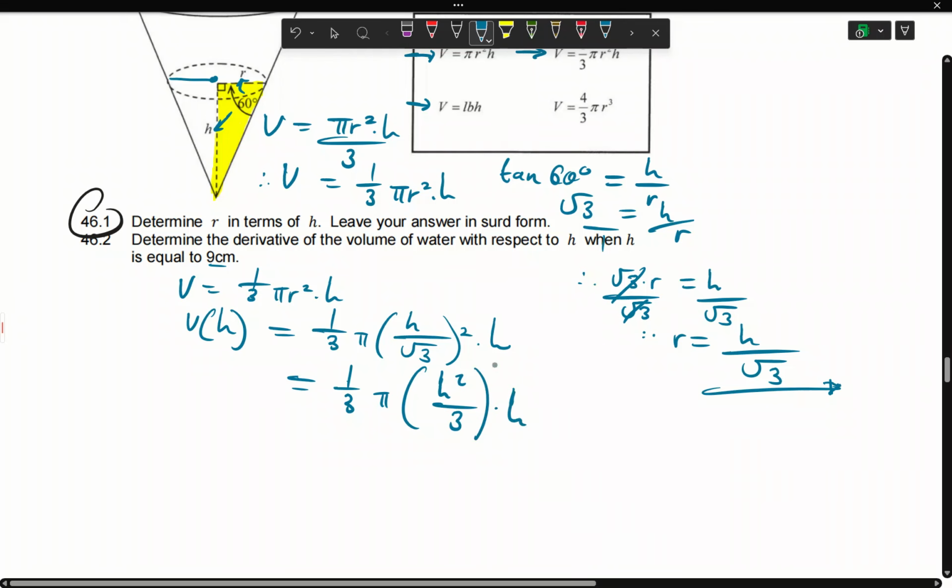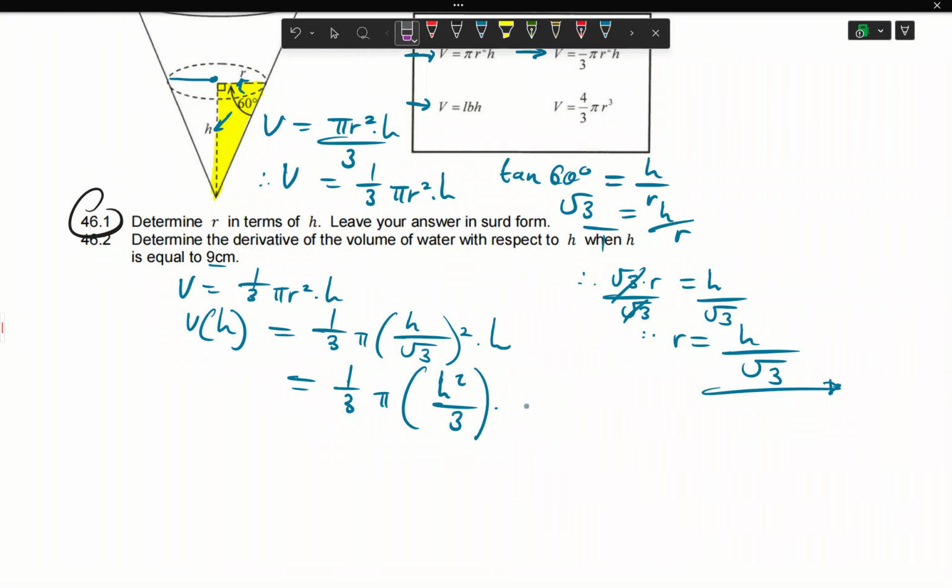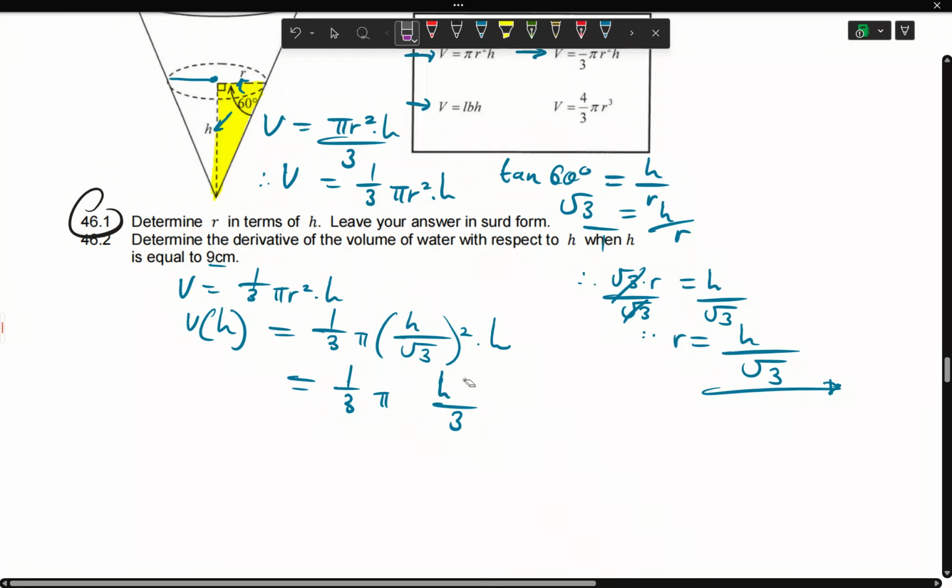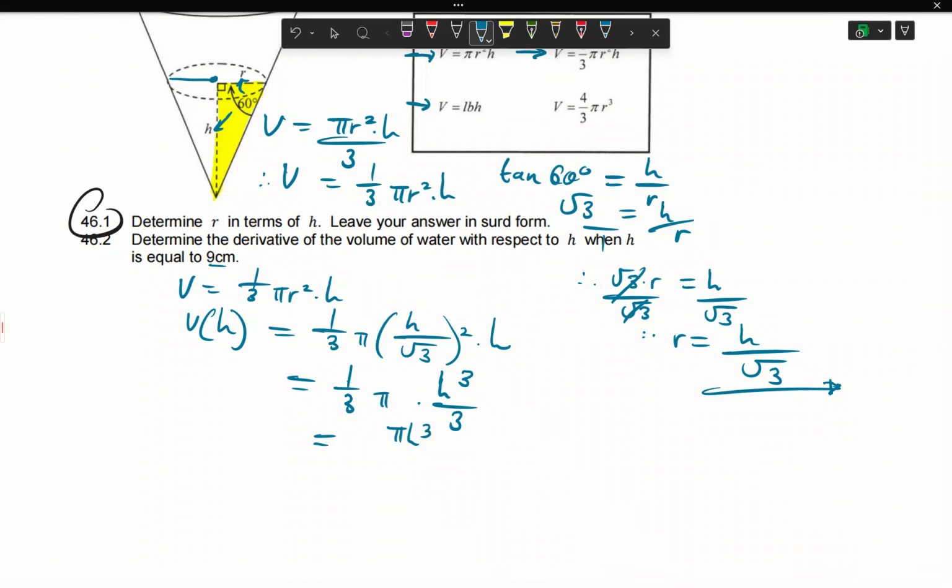We can multiply the h there, so now it will give us h cubed. So here you'll have h cubed times this. So now you'll have pi h cubed all over 3 times 3, that's 9. This is the volume as a function of h. So what is h? H is 9.